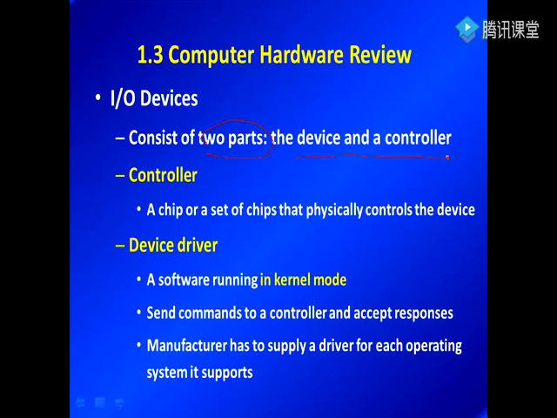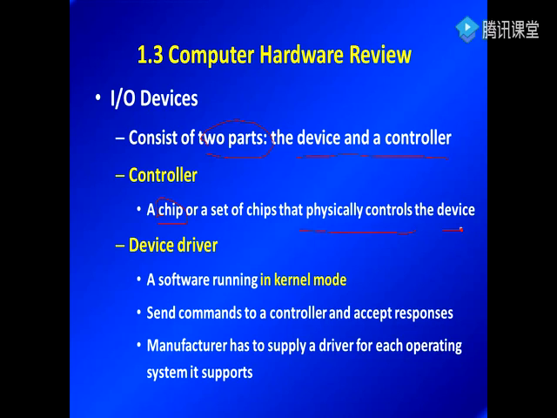And we can recall the figure we explained a lot before. So the controller is a chip. It's an electronic chip or a set of chips that physically controls the device, and the device itself just consists of a lot of mechanical parts, and you have to use the controller to control the device.